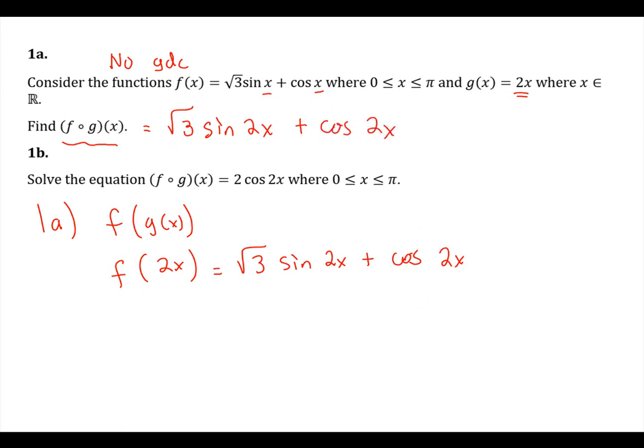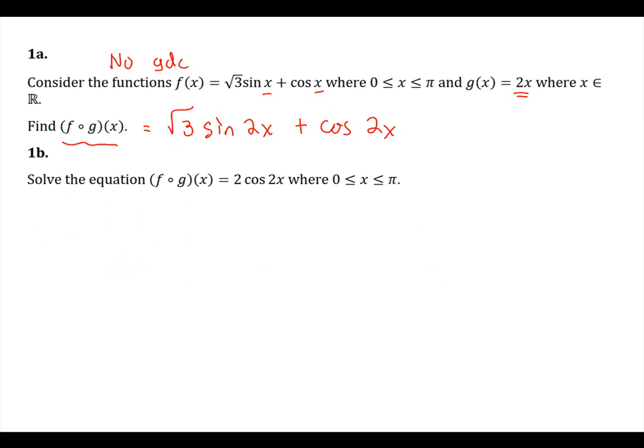Okay, let's take a look at 1b now. Now they're saying f composed g of x is equal to this. So we can set this equal to 2 times cosine 2x. So we have root 3 times sine 2x plus cosine 2x is going to equal 2 times cosine 2x.